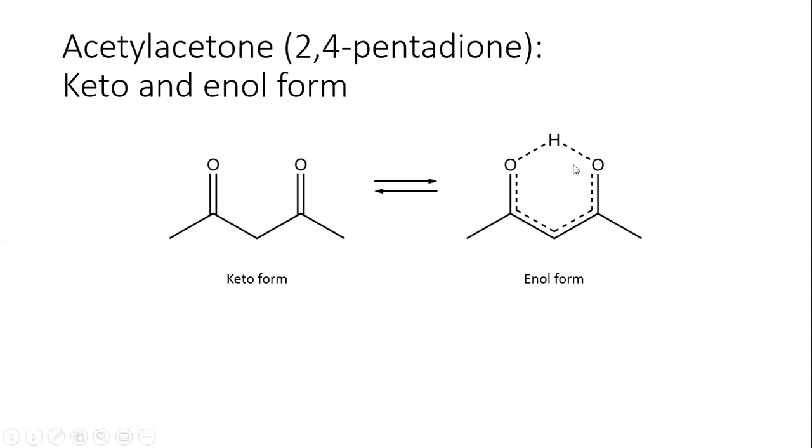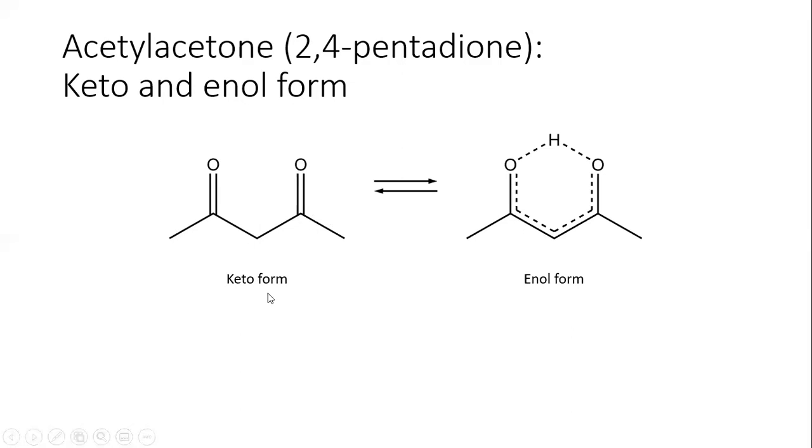So it doesn't matter. We understand that now the two groups are equivalent, right? They have this resonance, and the hydrogen can jump between the left and the right. All in all, now this molecule is symmetric. It's similar to what we saw in the keto form.